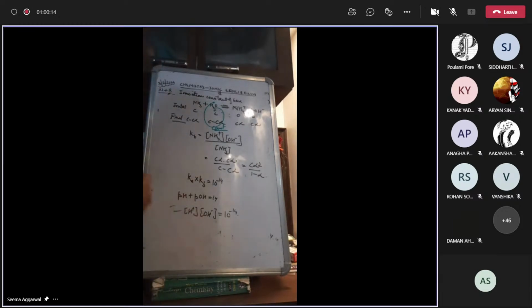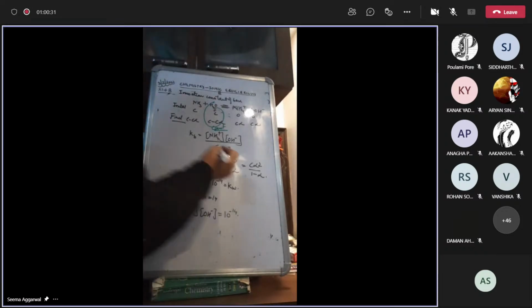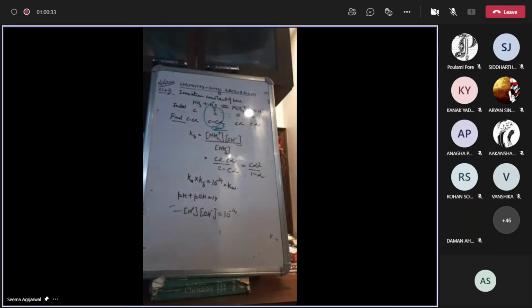These things we have done yesterday. So just remember one more formula, no need to derive it. Ka into Kb is equal to 10 raised to power minus 14, which is equal to Kw. Its derivation is the same. I will take it tomorrow if you want, it's 1 minute only, but I am now proceeding with this question. Tomorrow we are going to do another important topic, that is the common ion effect. Okay. So now I am taking a question based on Kb.